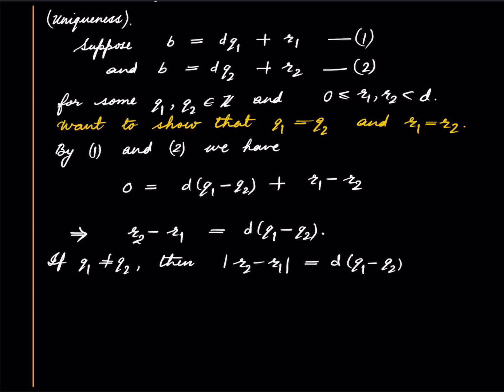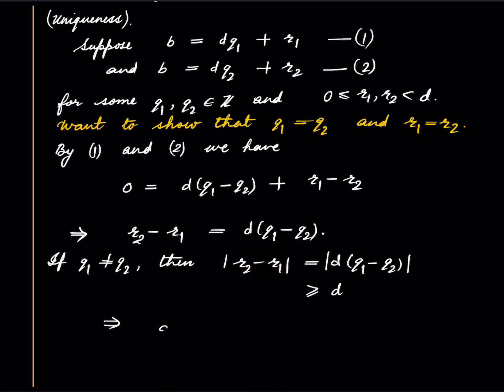This is equal to that thing, which is greater than or equal to d. Why is it greater than or equal to d? Because this is at least 1 in absolute value. So this thing is at least d, but this guy is strictly less than d.